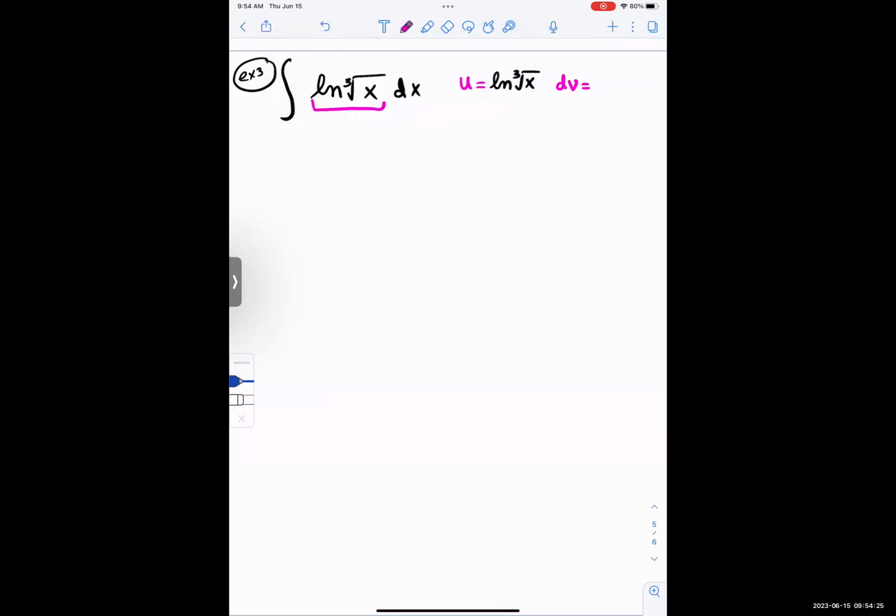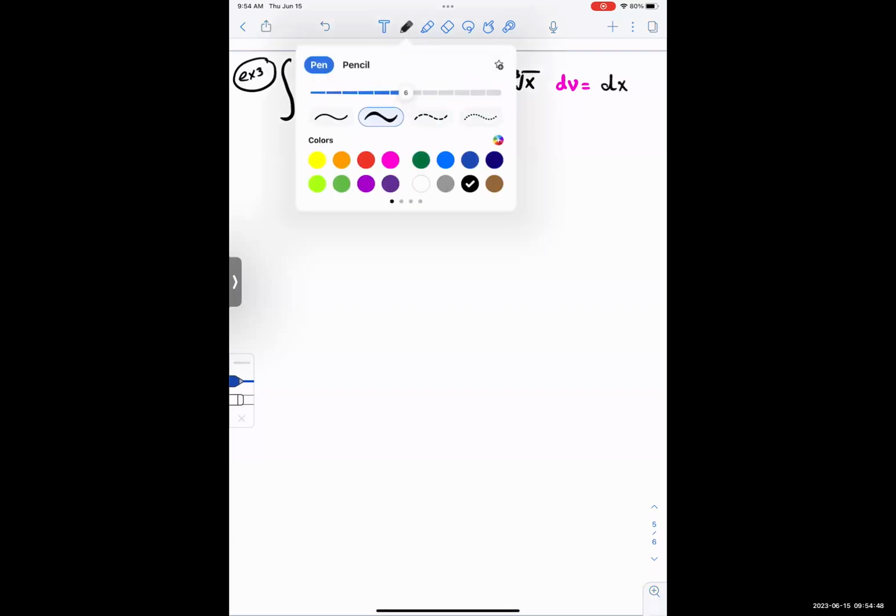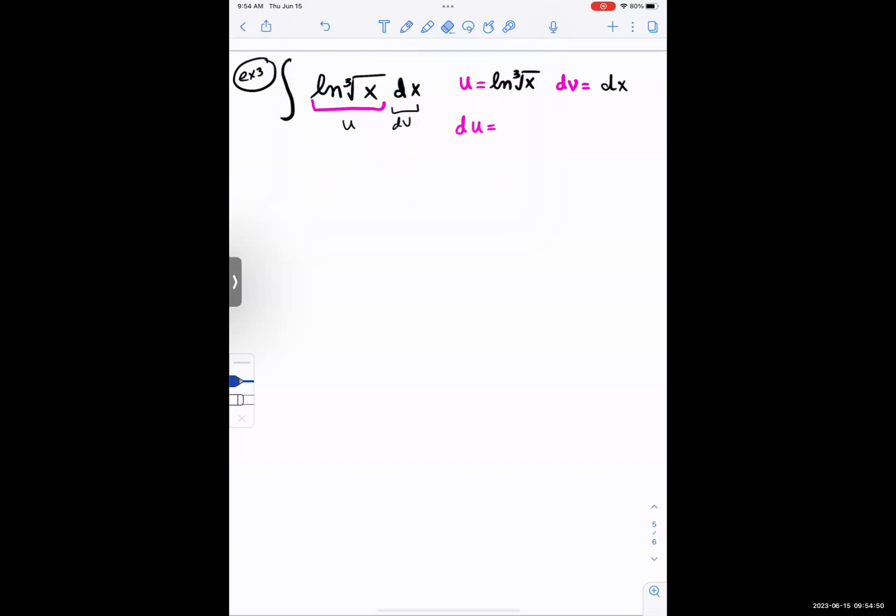In the process of finding du, my function changes from an ln function to something that has an x in the denominator. So it's much easier to work with. So, okay, let's complete this one. Let this be u, then this is dv. So dv is just dx in this case.